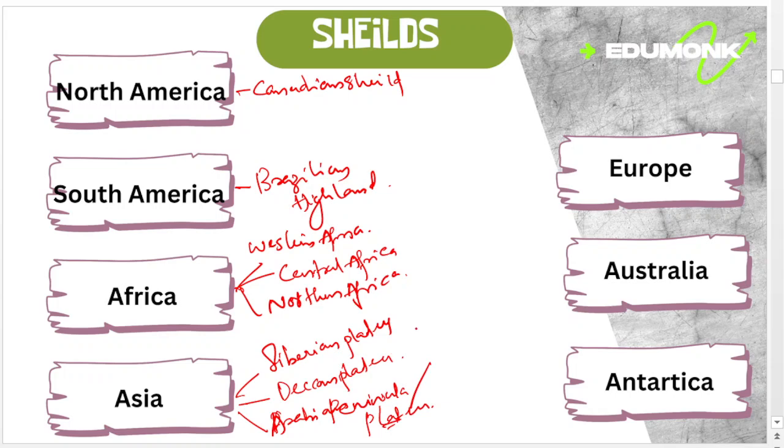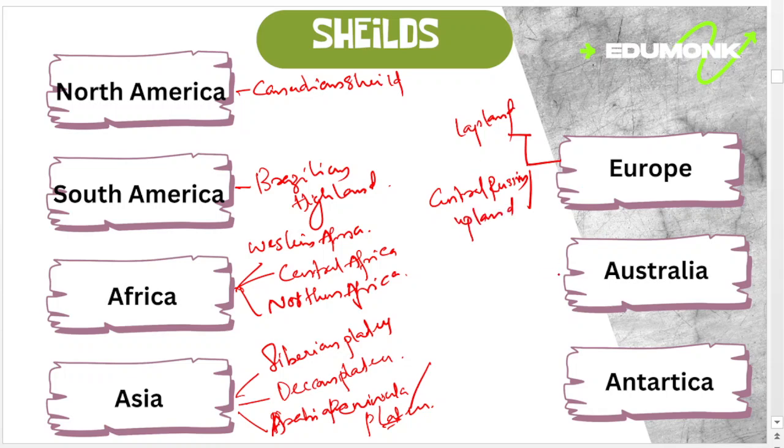This Arabian Plateau or Peninsula lies completely within Oman, Qatar, Bahrain, Saudi Arabia, and the UAE. Then we can move to Europe. In Europe, there are two shields. The first one is Lapland. The second one is the Central Russian upland.